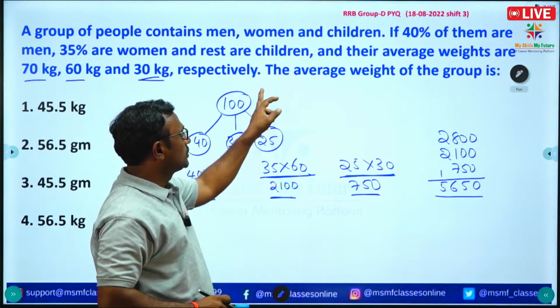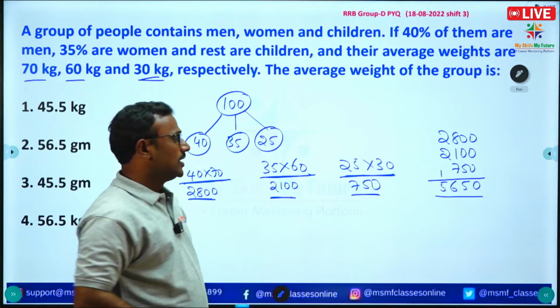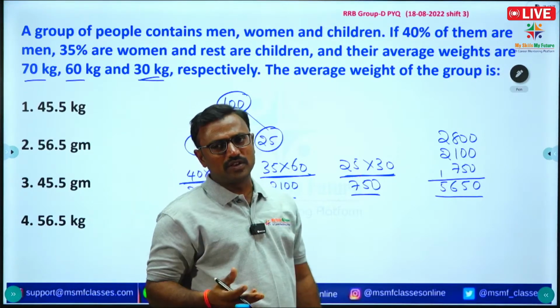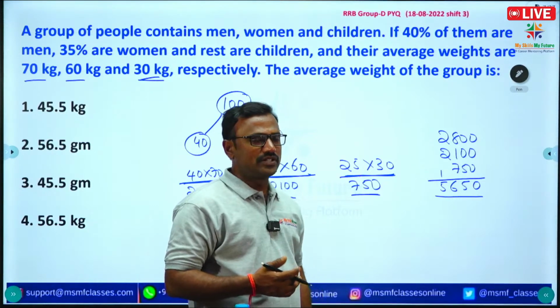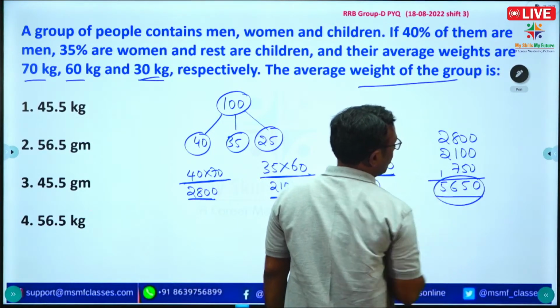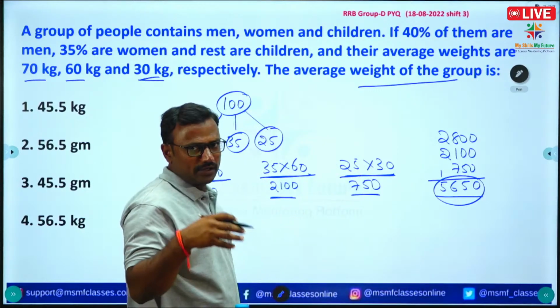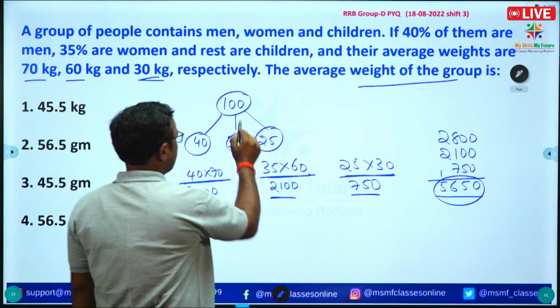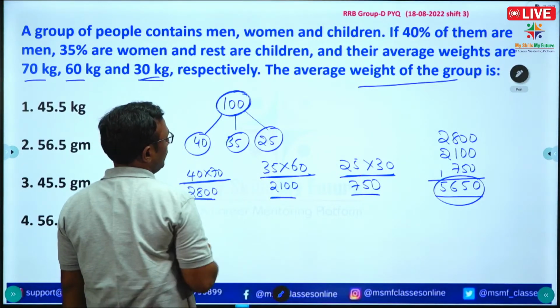So, what is the question? The average weight of the group. Average means sum of observations by number of observations. So, average weight of the group means total weight of the group divided by the number of persons. Here we are considering 100 as the number of persons.